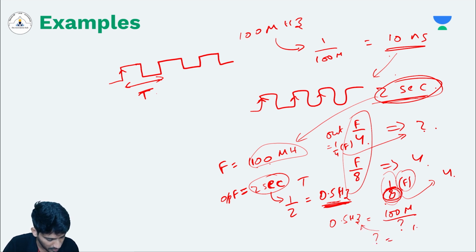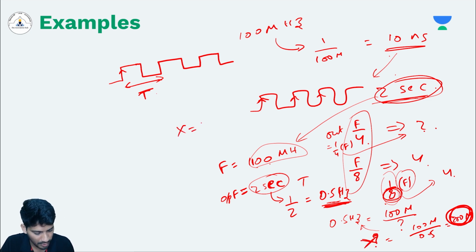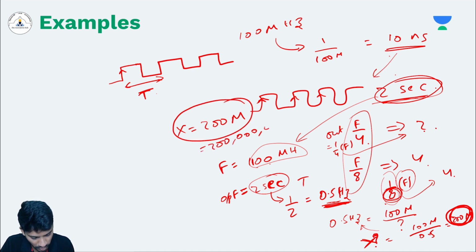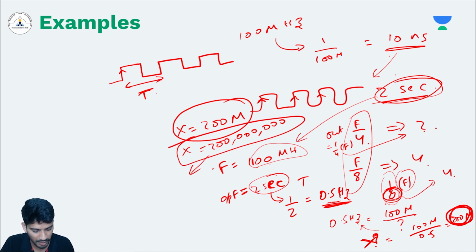So the question mark will be 100 mega by 0.5, which is 100 mega times 2, 200 mega. So my x will be 200 mega, which is 200,000,000. If you count this many times, then your clock will become 0.5 Hz.